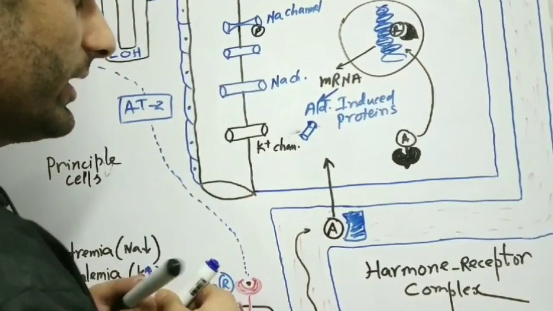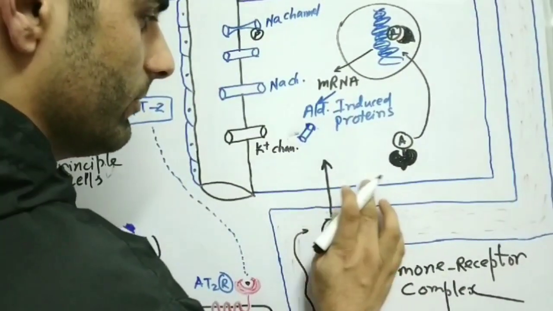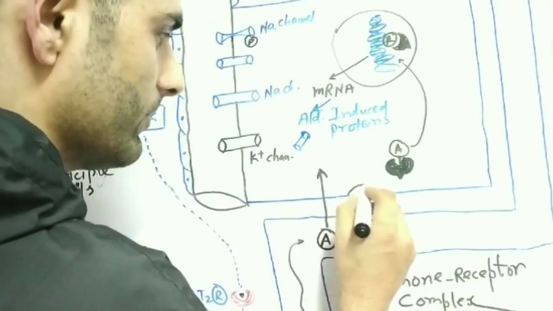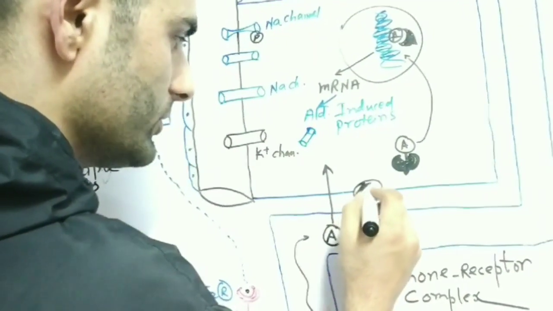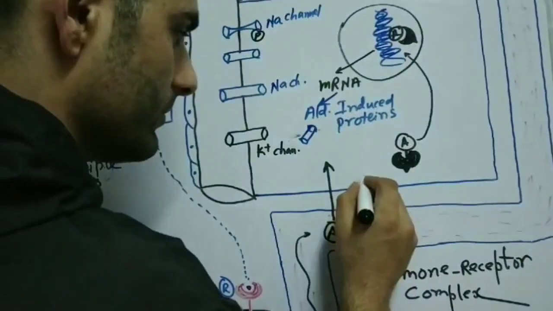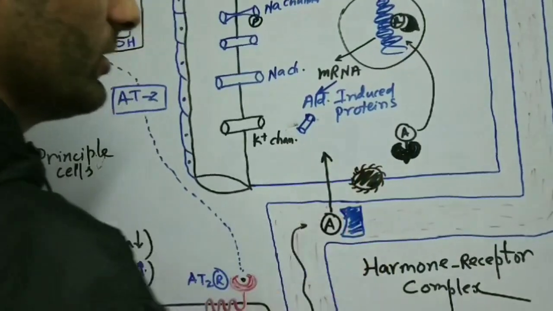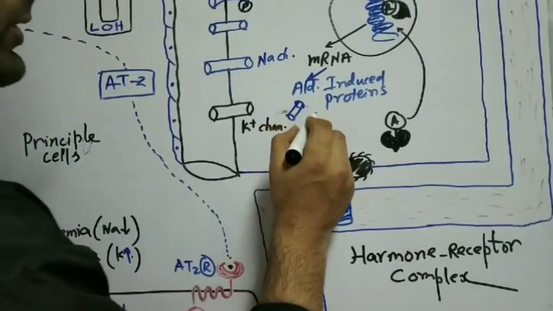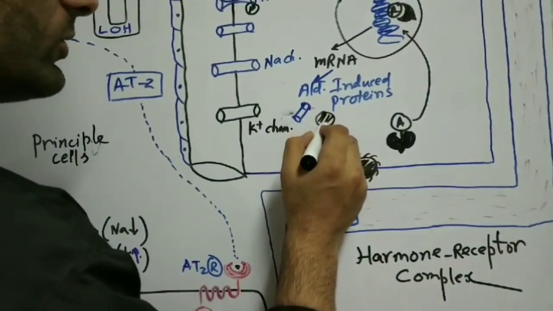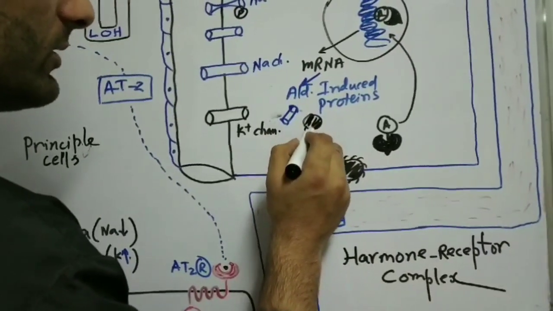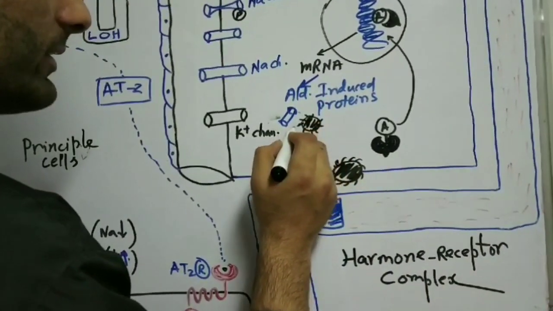Let me show you here by black color. This is the protein. I have drawn here. When this protein is formed here, this is also the aldosterone induced protein. Then what happens?